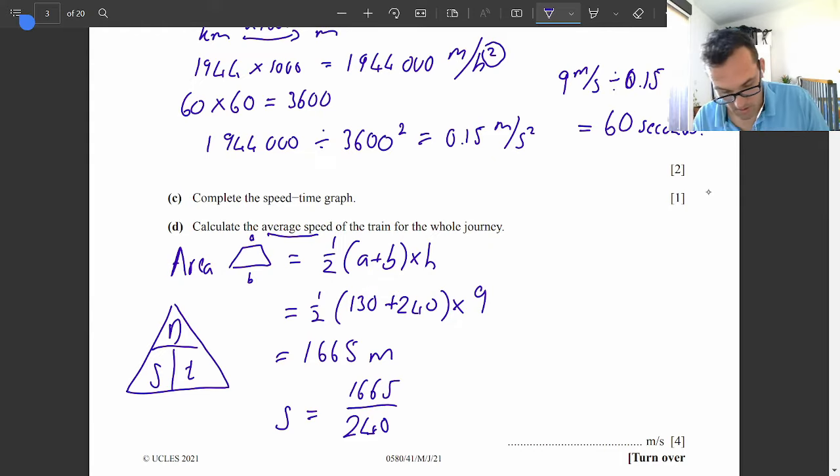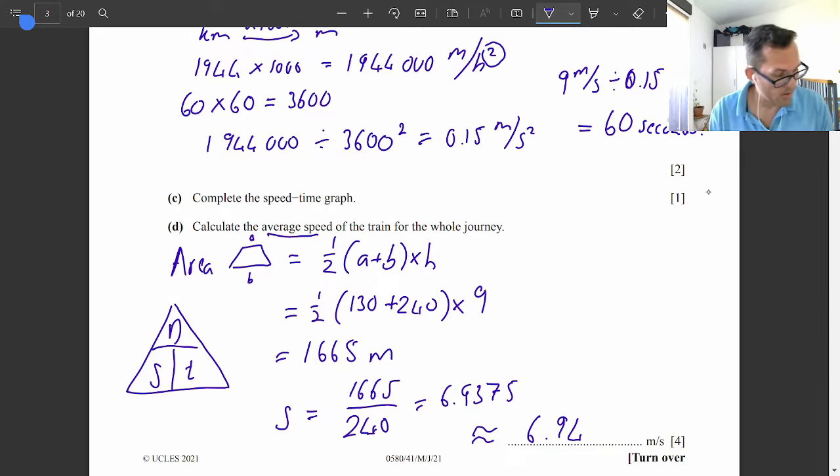That's when we get the correct answer of 6.9375. And then if you round it to 3 significant figures, 6.94 meters per second. Okay, the mark scheme doesn't show the answer to 3 significant figures. They only show this answer up here.